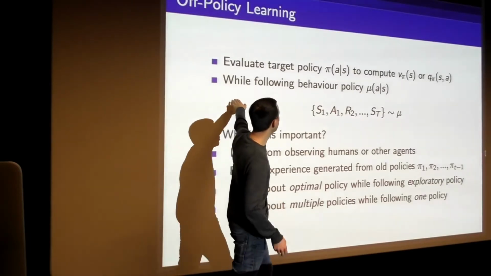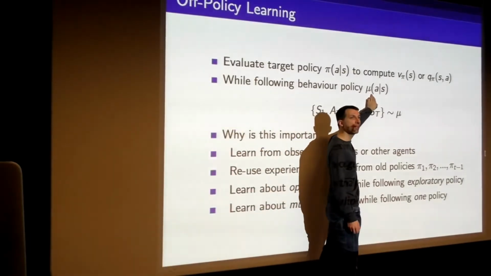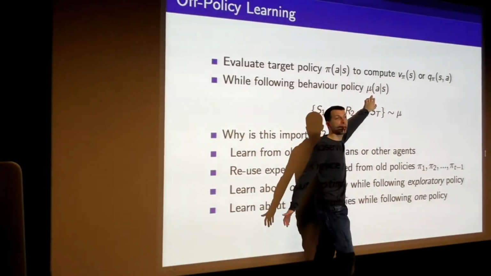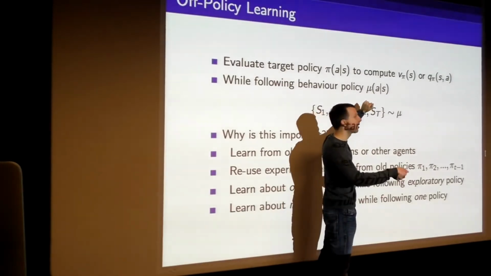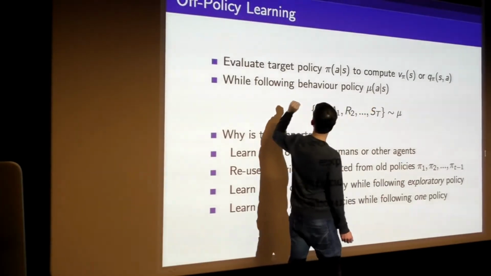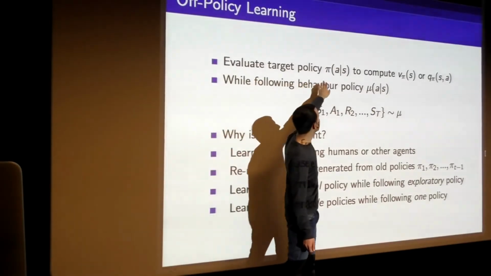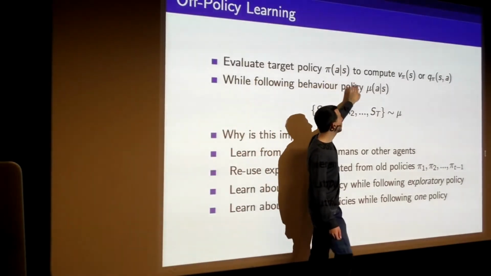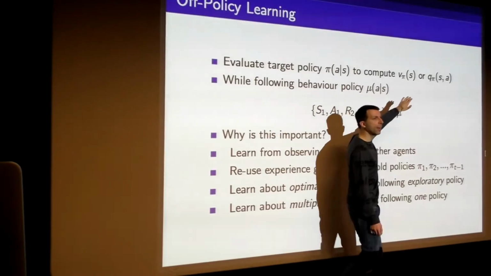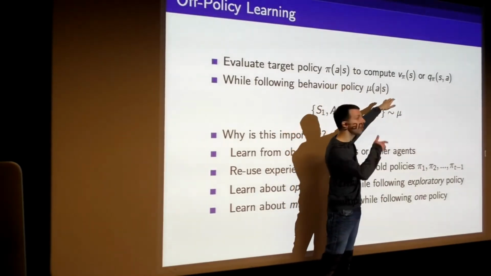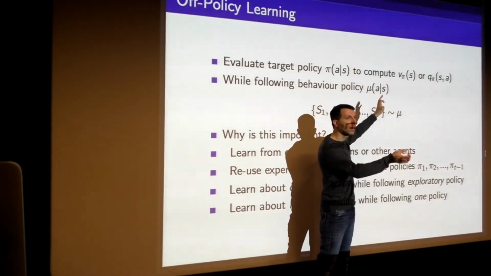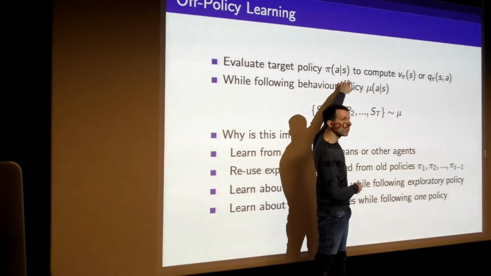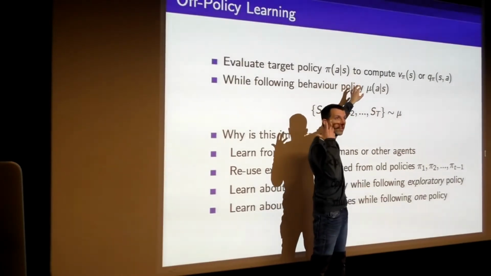So let's say we're going to follow some behavior policy that we're going to call mu. This is the behavior policy that we actually pick actions from in the environment. And what we want to do is to evaluate some other policy, pi, so as to compute, say, v pi or q pi, or ultimately figure out maybe the optimal way to behave in that environment. But the behavior that we see is not going to be drawn from this thing that we're wondering about.